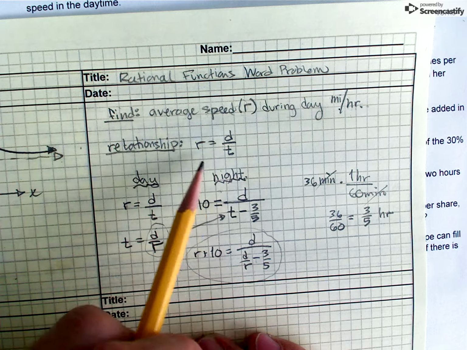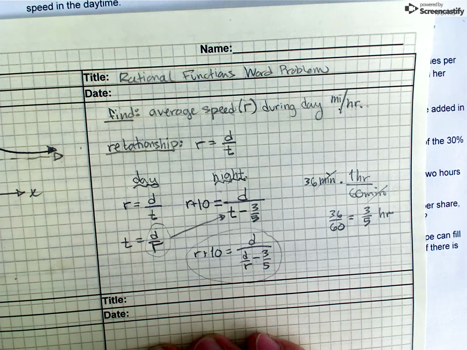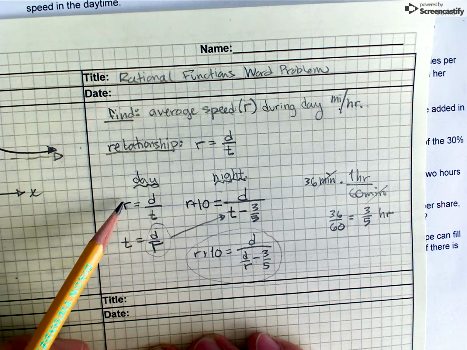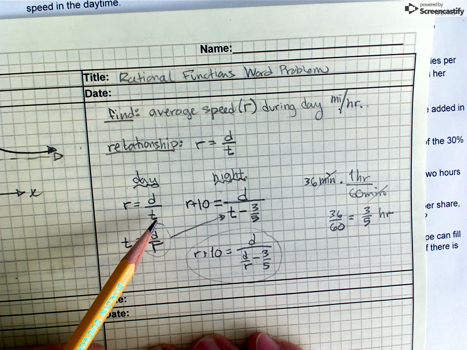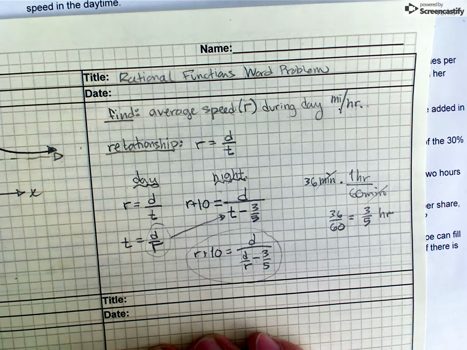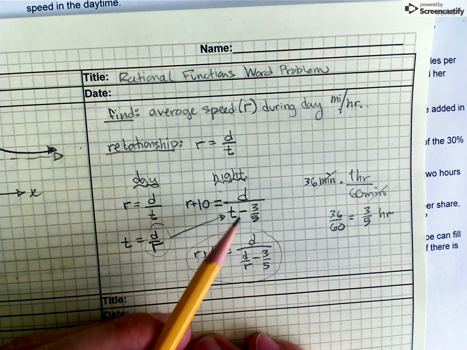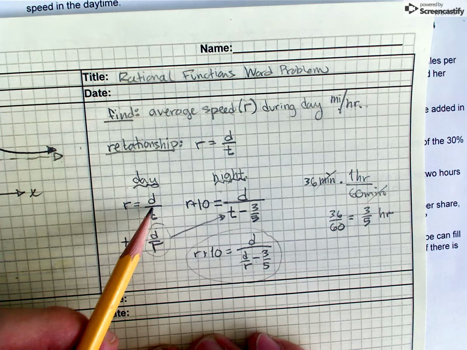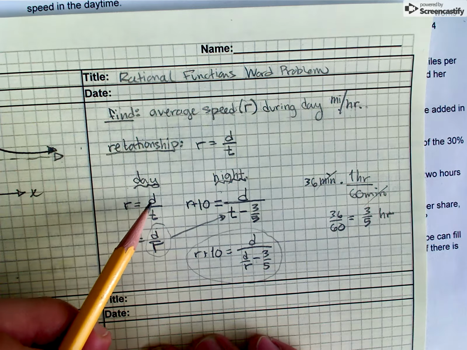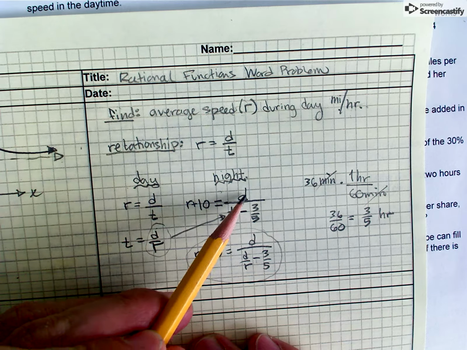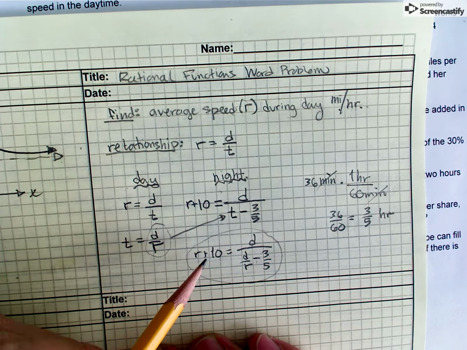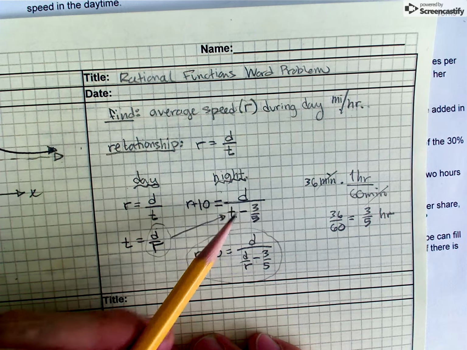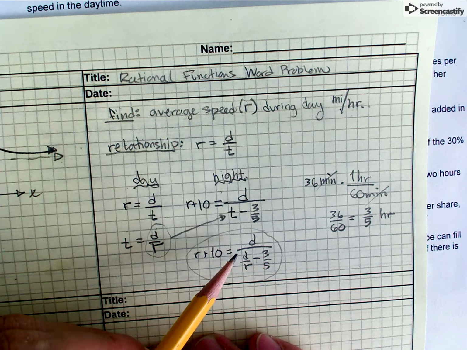And first we just started with the basic rate equation, and we applied that to the daytime and then also to the nighttime. What this basically says is that during the day and during the night, the distance is the same. It's just 120 miles, and we're just going to leave it as D right now, but we can substitute that 120 in when it makes sense.